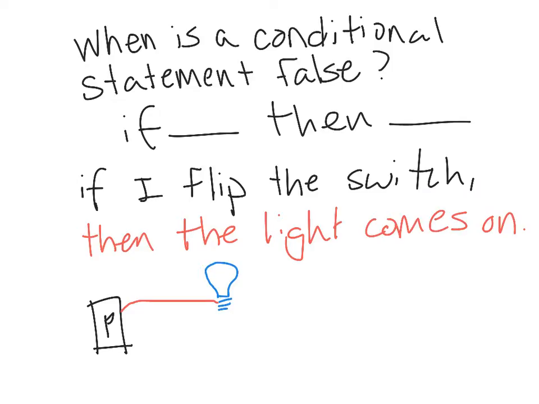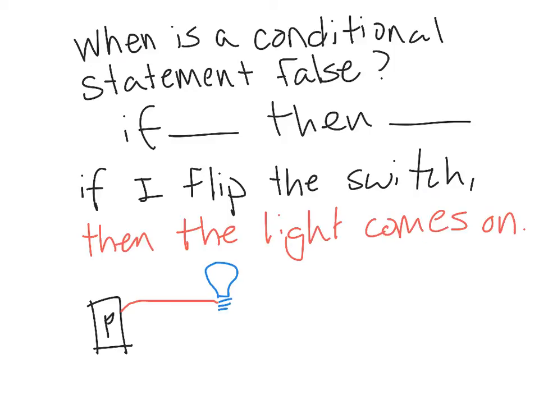I flipped the switch and the light came on. If I don't flip the switch, then the light might not come on. That wouldn't affect this statement because it says if I flip the switch. So if I don't flip the switch and the light doesn't come on, that doesn't disprove my statement.